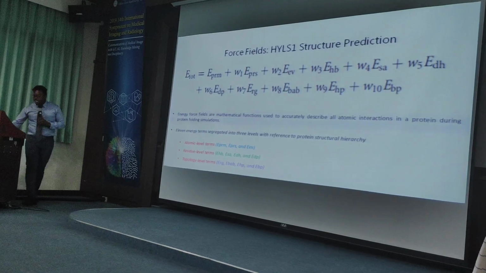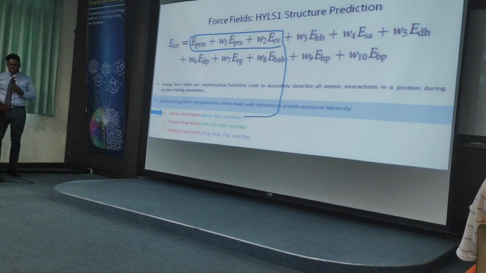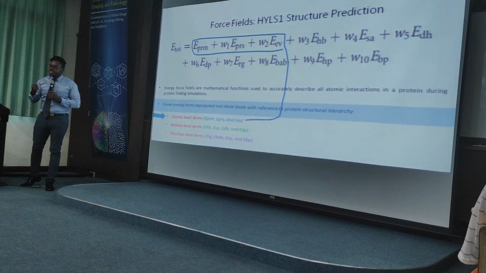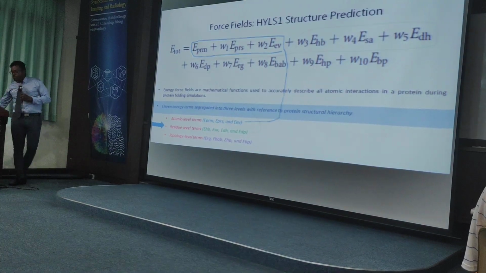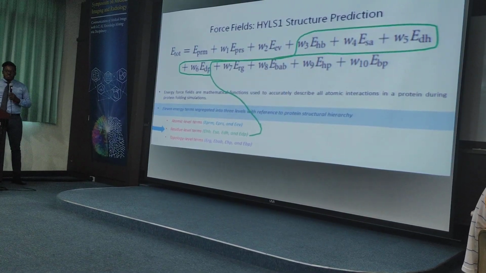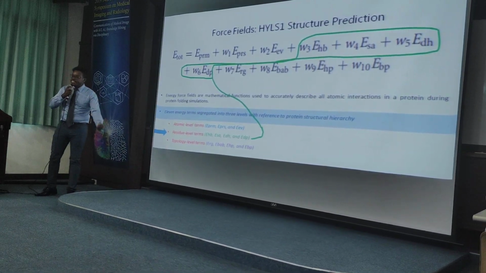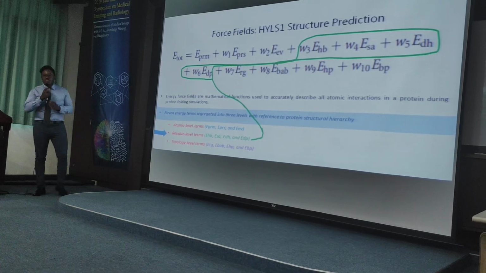The first layer of force fields is the atomic level force fields. This basically looks at how nitrogen interacts with hydrogen, how hydrogen interacts with oxygen. The second layer is what we call residue level: how the amino acids interact with each other, how glycine interacts with aspartic acid, how arginine interacts with lysine.